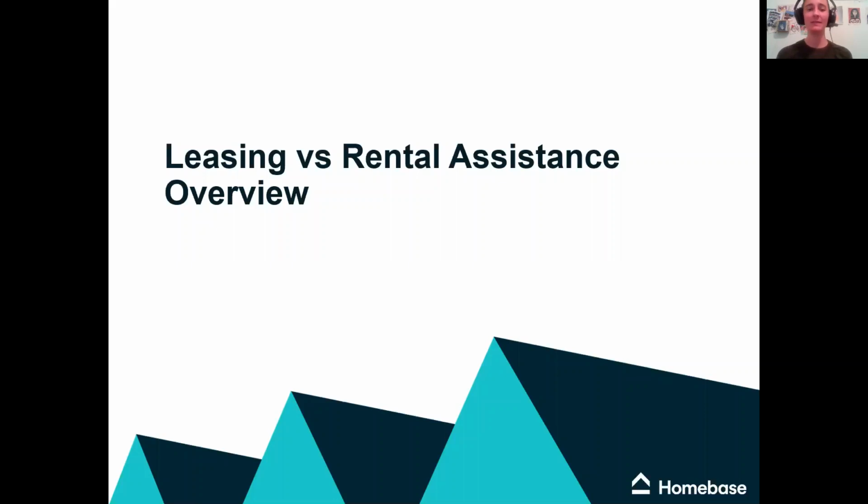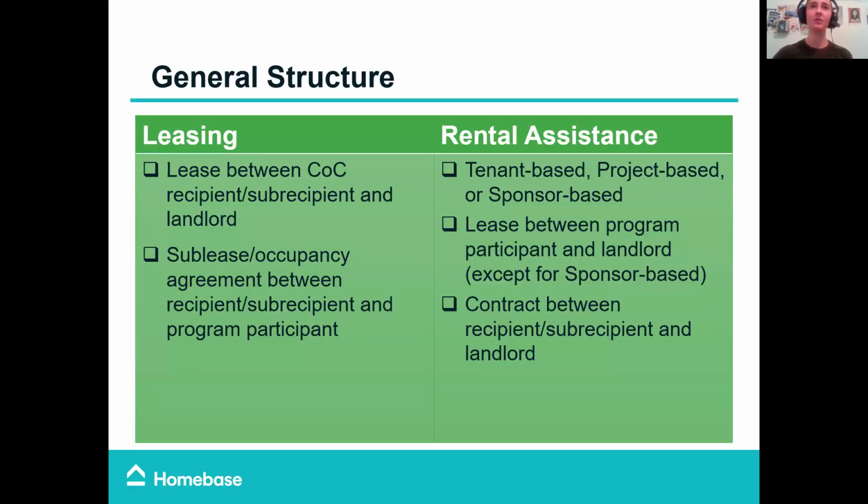So on this first slide about the general structure of these two types of funding, one of the ways of thinking about this is that leasing dollars are much more tied to the housing and the structure or the unit, and rental assistance dollars tend to be more about helping a person, being tied to a person or helping a person to pay rent.